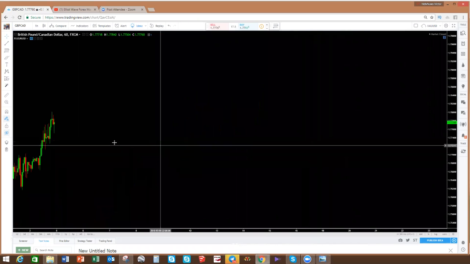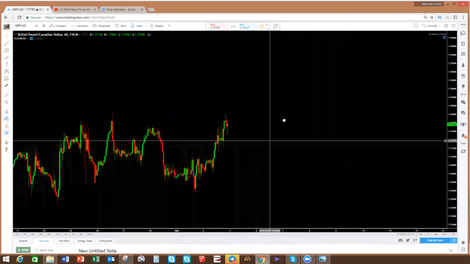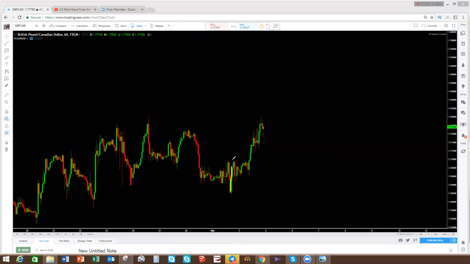Then you've got this up move that looks impulsive and it's going in 5 waves. It's 1, it's 2. And internally you've got 1, 2, 3, 4, 5. Now it looks like you're getting a yellow 4 correction for another move up. So this is the move that will go and take that small piece that is left.